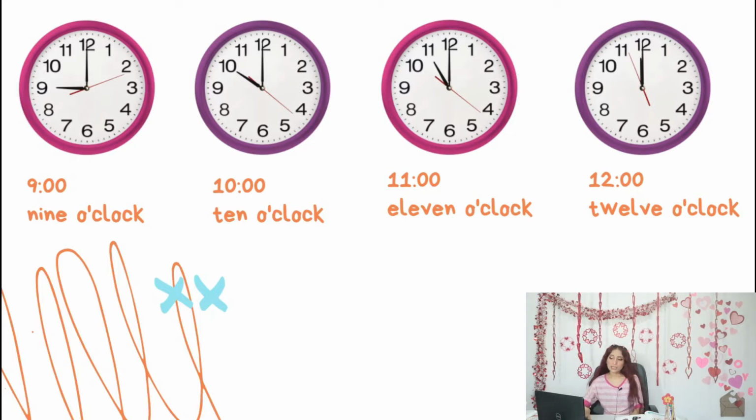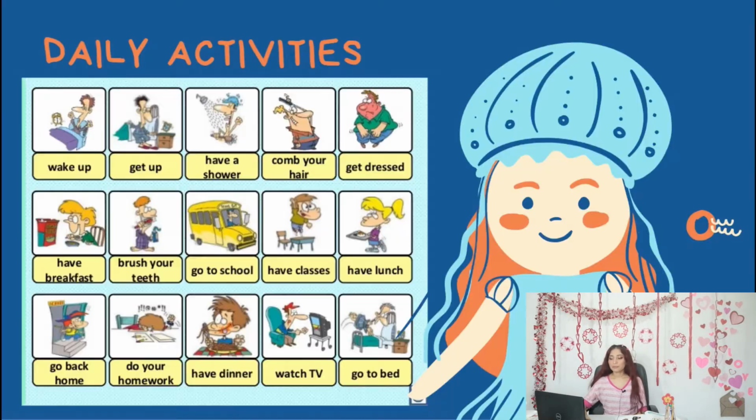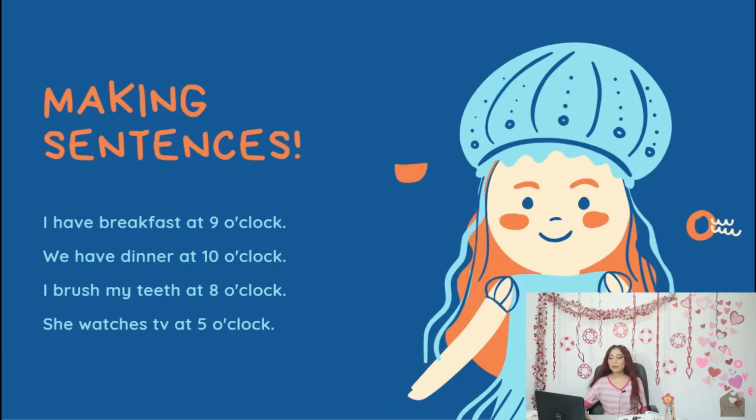So that was it. How do we use these times in the day in a sentence, also using the vocabulary? This vocabulary, okay? It's super simple. You just need to start, as always, your sentence with the personal pronoun or your subject. Let's remember the personal pronouns: I, you, he, she, it, we, and they, okay?